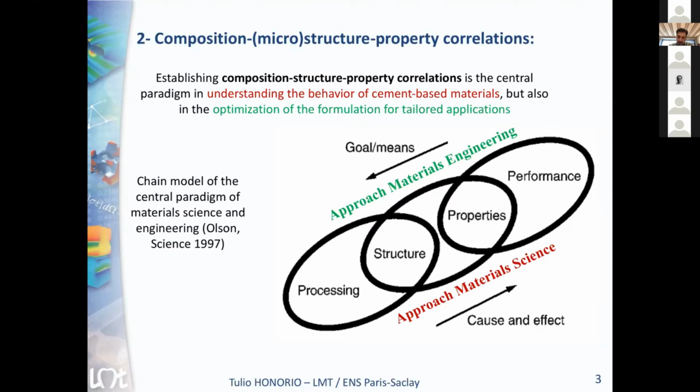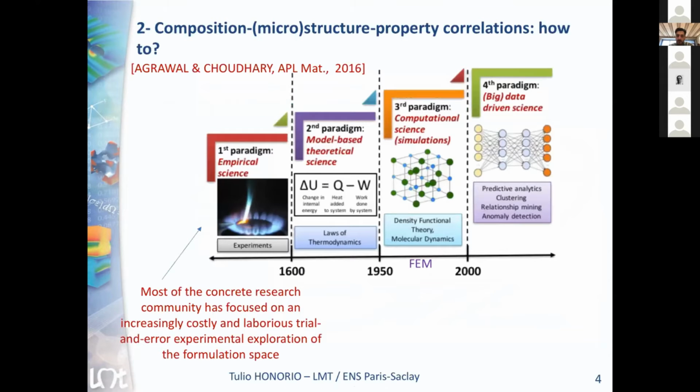So now the question is how to establish this kind of correlation. We have four main strategies. The historical, fundamental one is empirical science. We do different formulations. If you consider cement-based materials, we do different formulations, changing, for example, a given variable in our mix design, for example, the water-to-cement ratio, the type of cement, etc., and try to look at what is the property, the performance that you have.